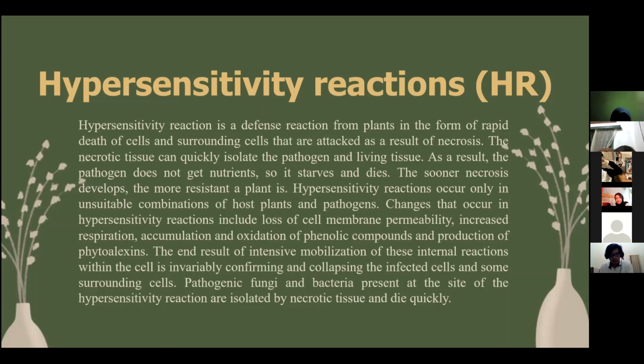The end result of intensive mobilization of these internal reactions within the cell is the collapse of the infected cells and some surrounding cells. Pathogenic fungi and bacteria present at the site of the hypersensitivity reaction are isolated by necrotic tissue and die quickly.